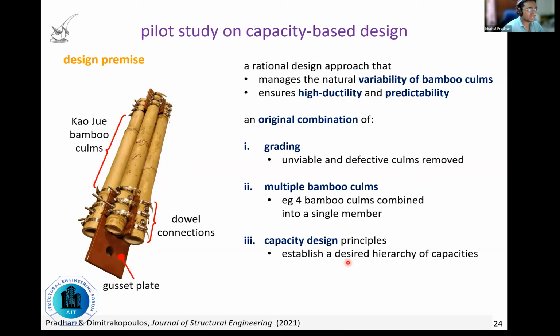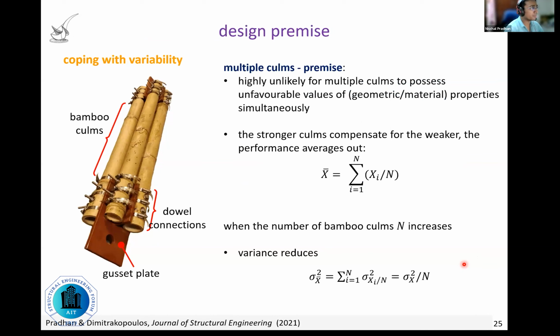Now, first of all, use of multiple columns helps reduce variability. The reason being, in a multiple column arrangement, it is very unlikely for more than one column to possess unfavorable values of geometry and material properties simultaneously.